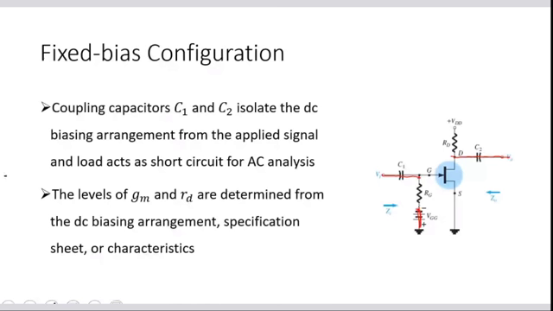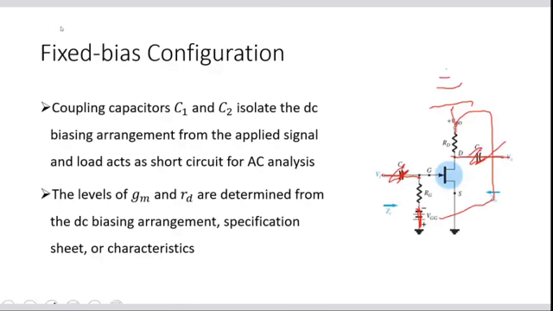And also there is a VDD there. In BJT we have VCC, since it is connected to the collector. Here it is connected to the drain, that's why we represent that as VDD. This should also be grounded, or you just connect it to the ground here. The capacitors should be replaced by short circuits.